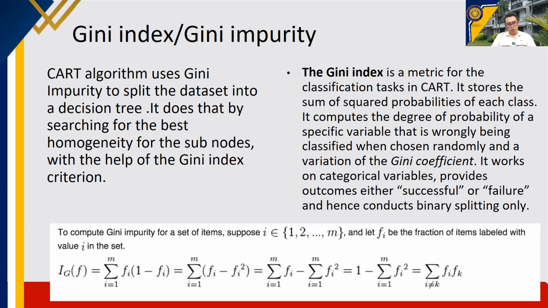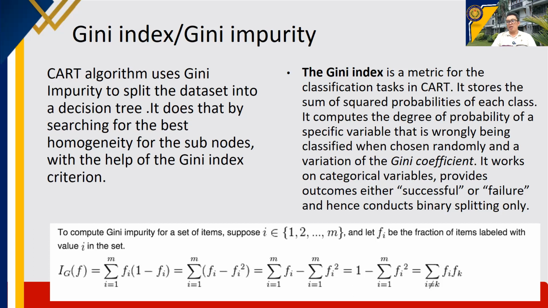It computes the degree of probability of a specific variable being wrongly classified when chosen randomly, and is a variation of the Gini coefficient. It works on categorical variables, provides outcomes either success or failure, and hence conducts a binary splitting.